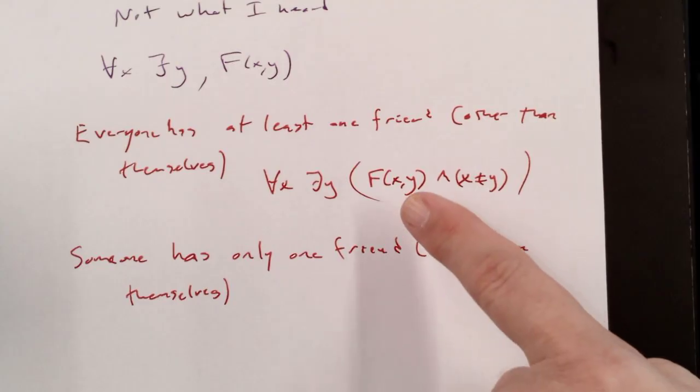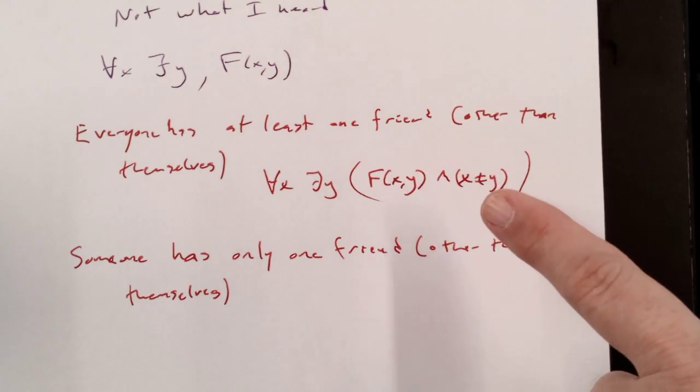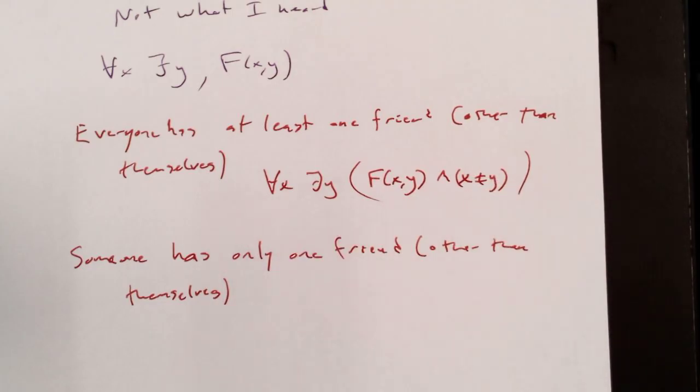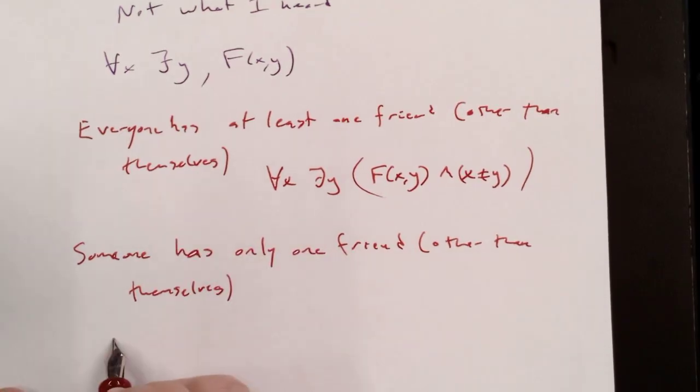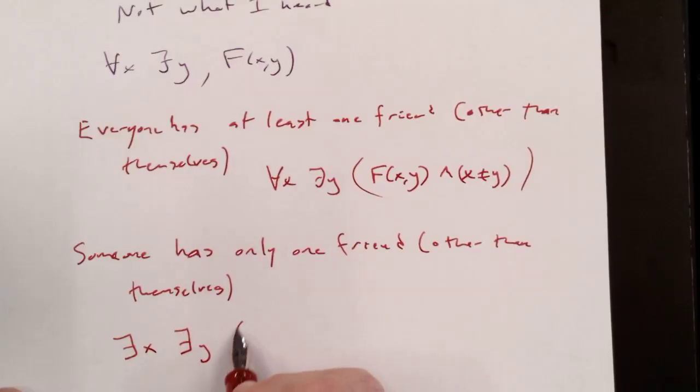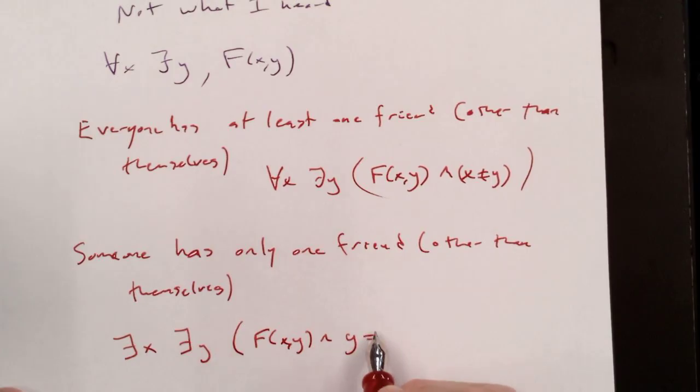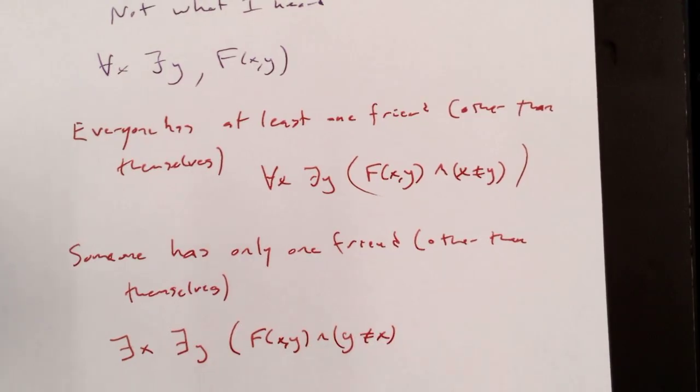I mean, I start with this part, right? Except now I want to work the quantifiers differently because I'm saying someone, not for all. I'm saying someone. So this time, there exists a person that has a friend. That's not themselves, right?